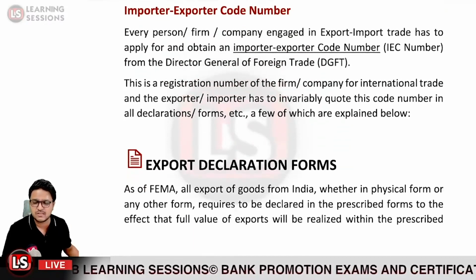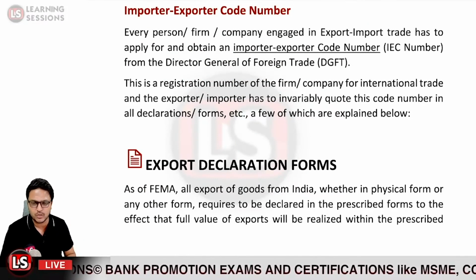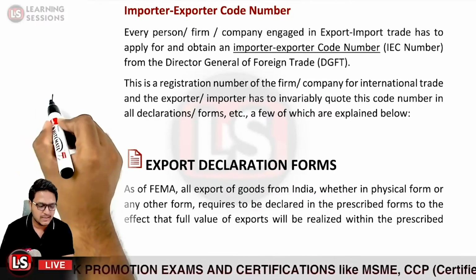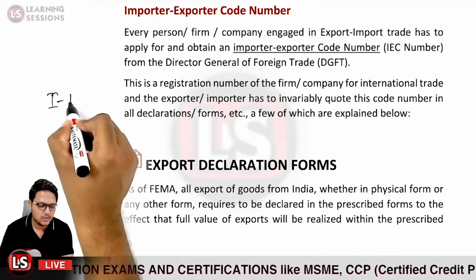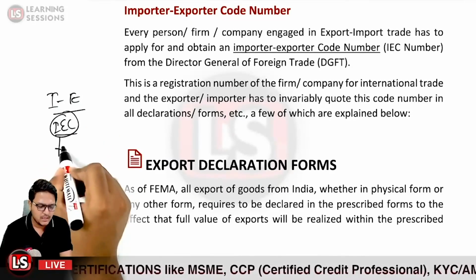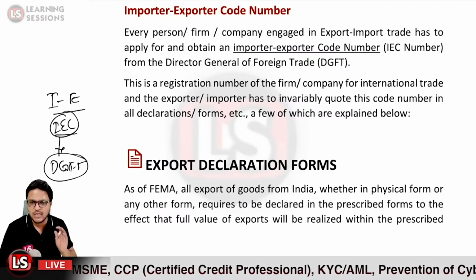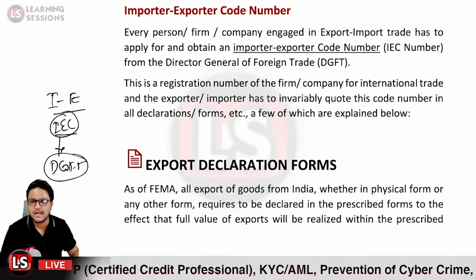Let us have a discussion related to the EDFs, which is basically the export declaration form. The procedure says that whether the importer or the exporter, they are to obtain the IEC number from the DGFT, and further this number is to be mentioned on each and every export declaration form.